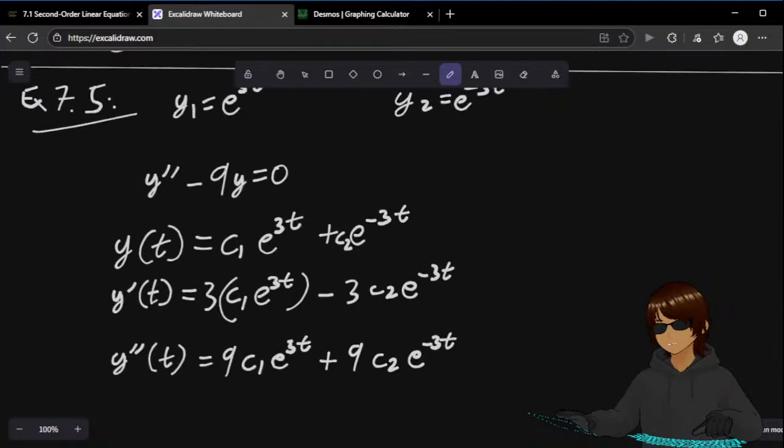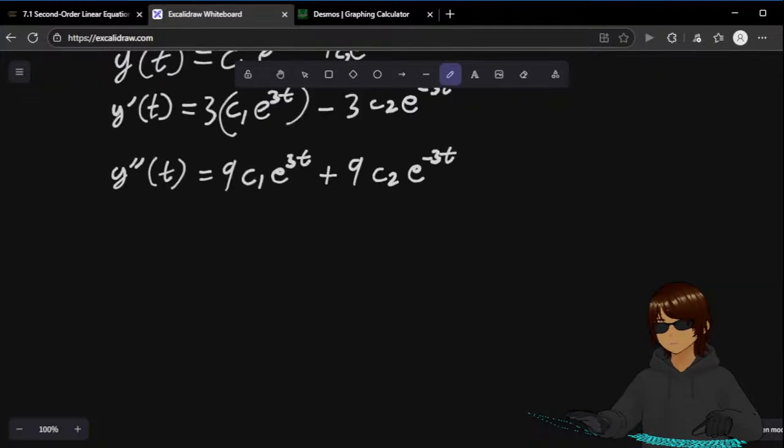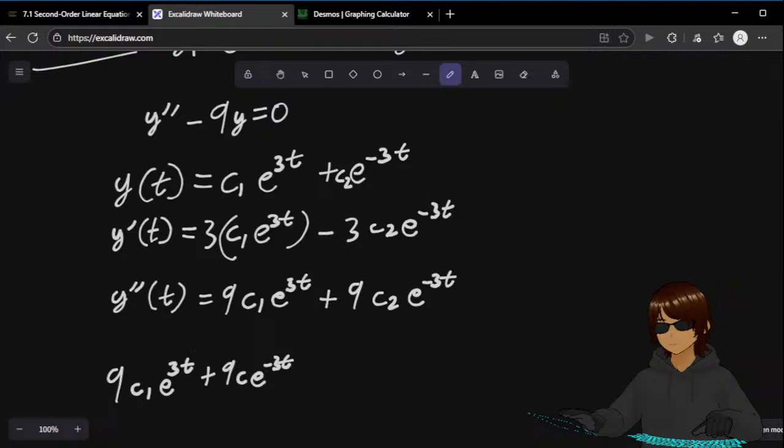Now I don't understand what to do with this. Do I just put this over here? This is the double derivative. And then I do minus 9 multiplied with these two.